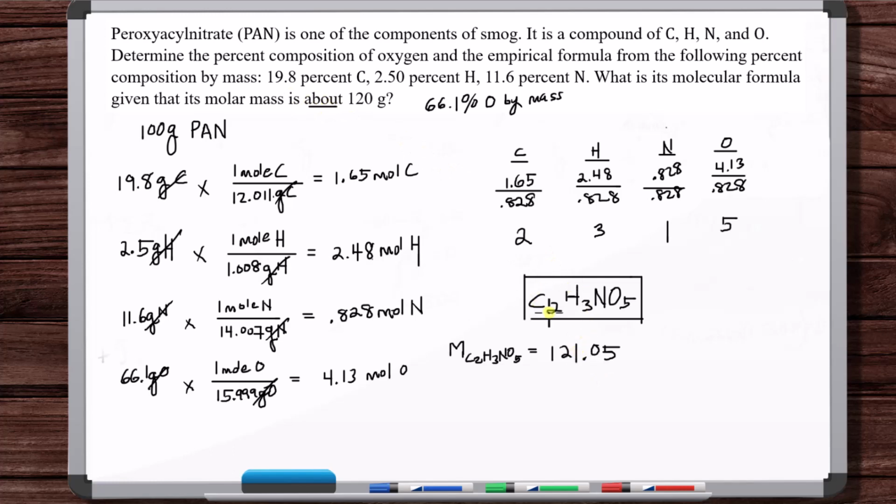Because we know for a fact that if you took the precise exact molar mass of whatever PAN is and divided that by the precise exact molar mass of the empirical formula, you'd get a whole number. But you're determining this experimentally. Let's say this was exactly 120, then you divide the two. You have to get a whole number. So we know that this is the empirical formula. This is the molecular formula as well.